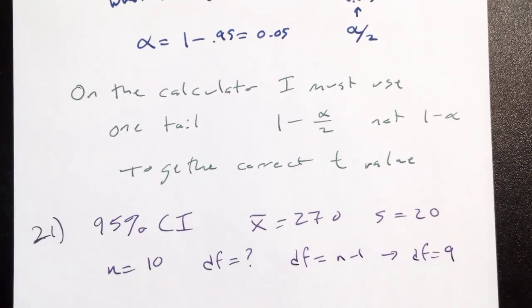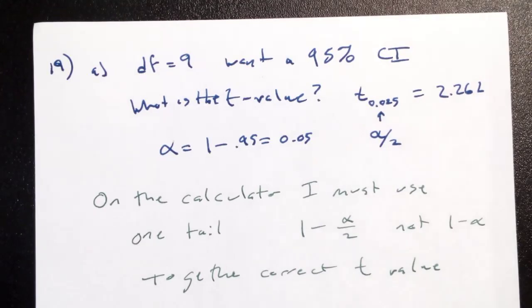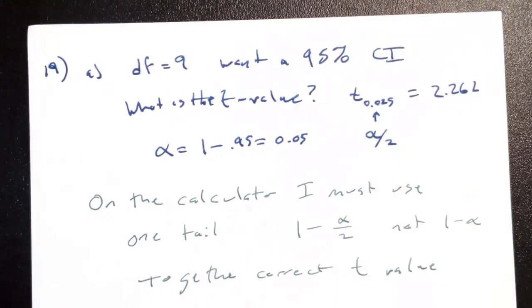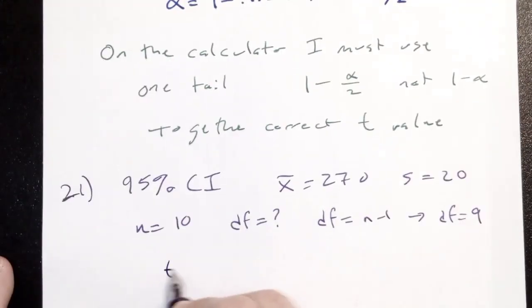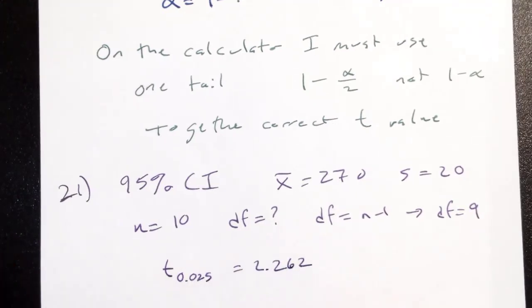Which means I know the t-value to use with this. The t-value used with a 95% confidence interval and 9 degrees of freedom is exactly the t-value we calculated right up here. 9 degrees of freedom, 95% confidence interval. I know exactly the t-value to use. T 0.025 equals 2.262.